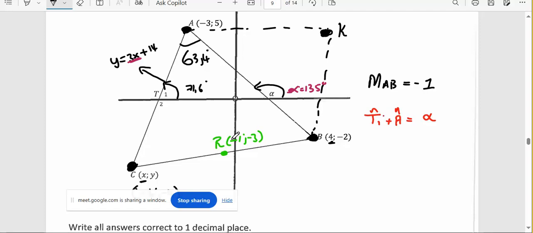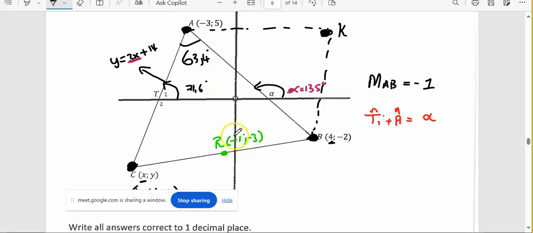I just want to use the diagonals. The diagonals bisect each other.